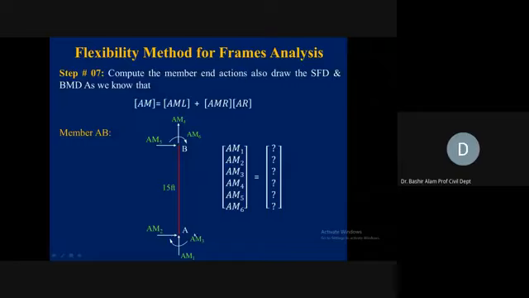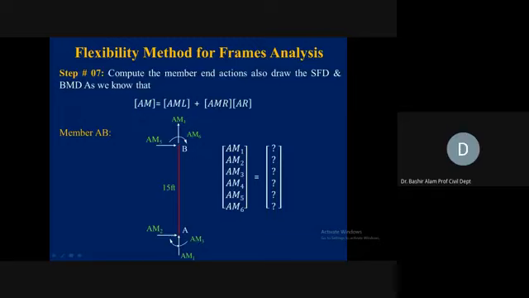And here you can see, remember again, this labeling and these directions are arbitrary. You can choose any one. I prefer to select my positive directions upward, rightward, and clockwise. Here AM1, if you see, is the axial force at A directed upward. This is my positive AM1. AM2 rightward, the shear, and then clockwise moment, it is AM3.